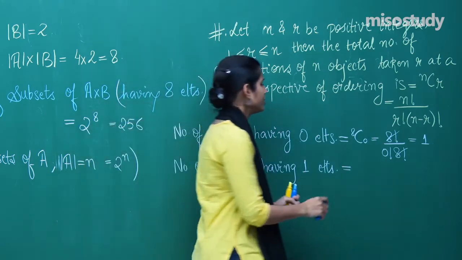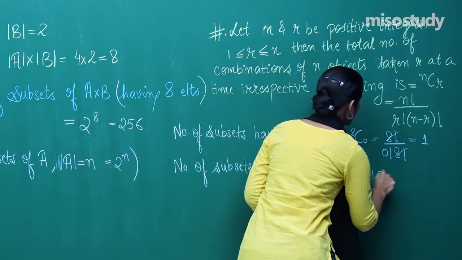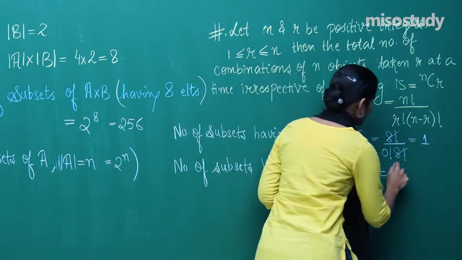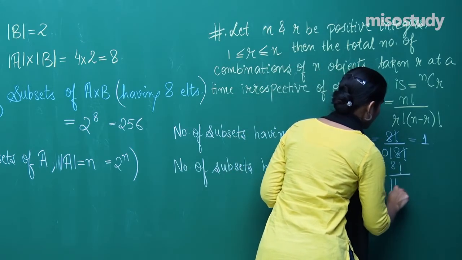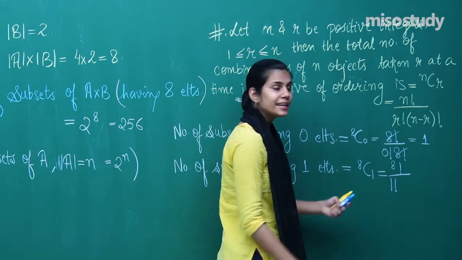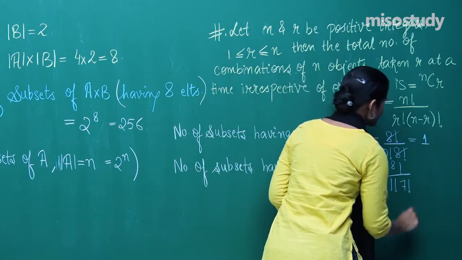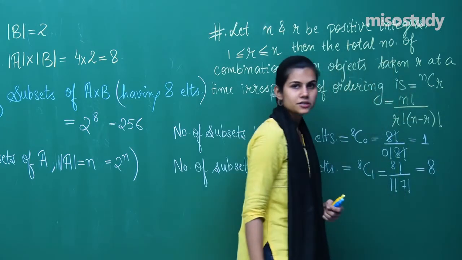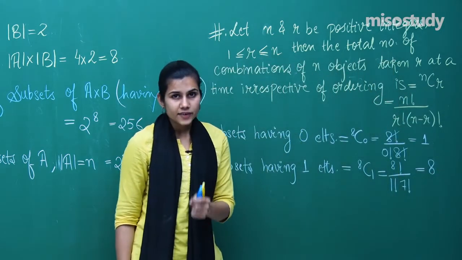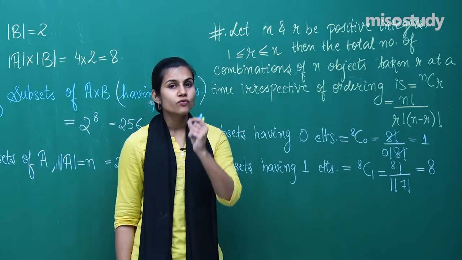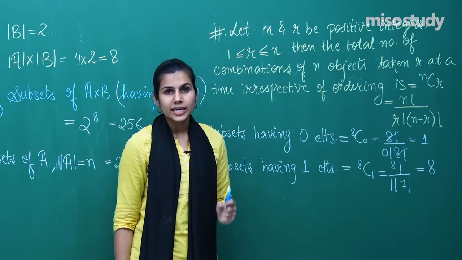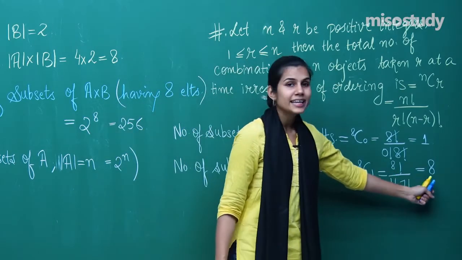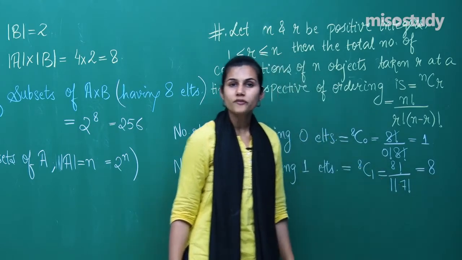They are 8C1, which is 8 factorial upon 1 factorial into 8 minus 1 factorial, which is 7 factorial, and this is going to give you 8. That means there are 8 ways in which I can choose 1 element from 8 elements, and that is going to result in 8 singleton subsets of A cross B.